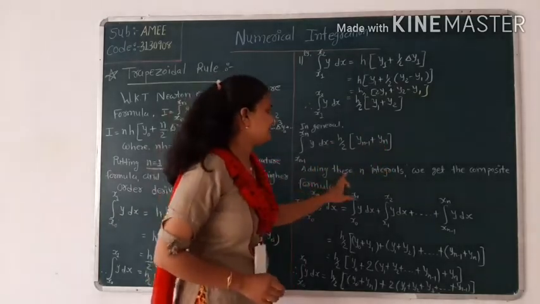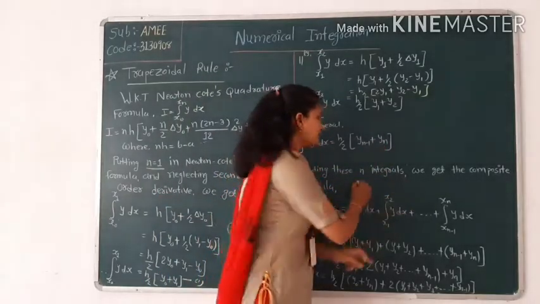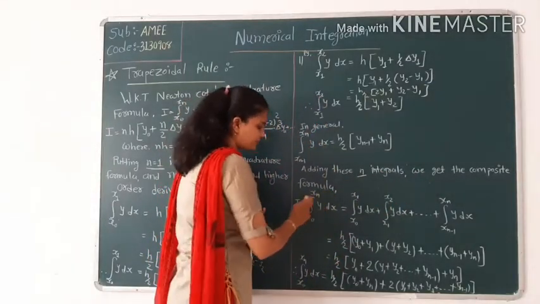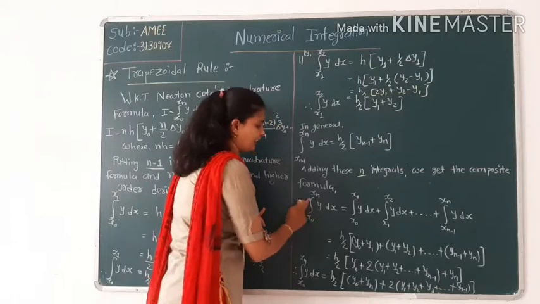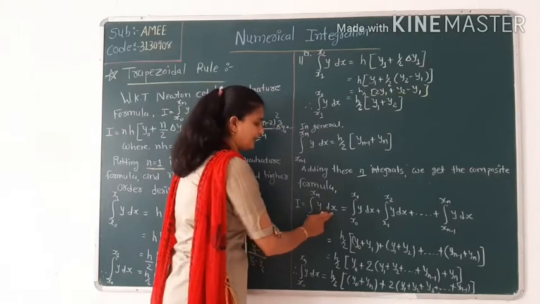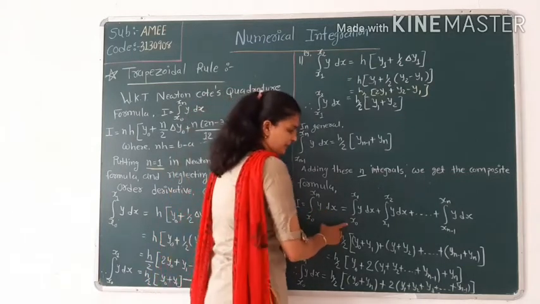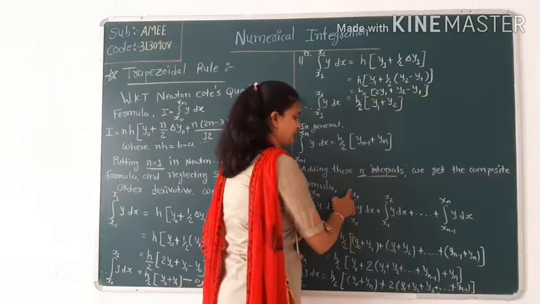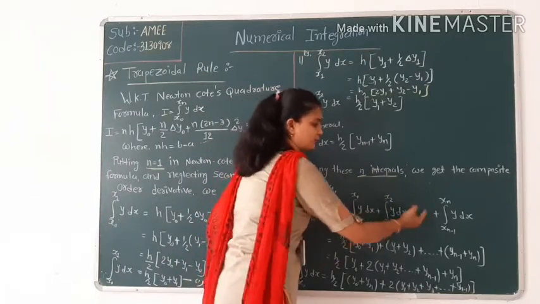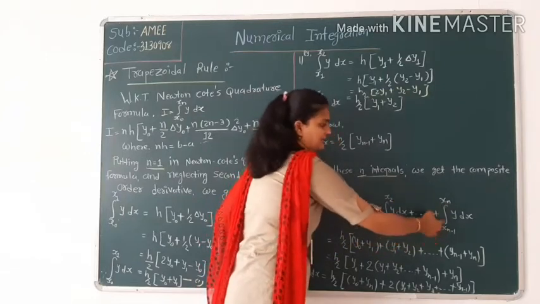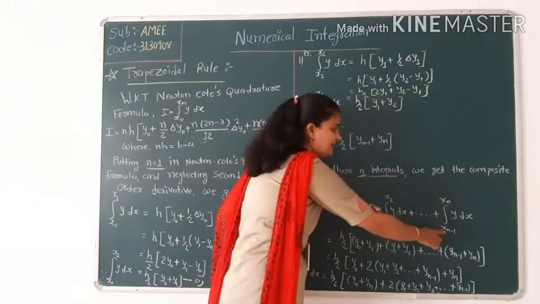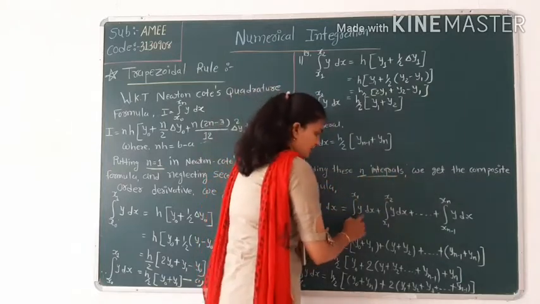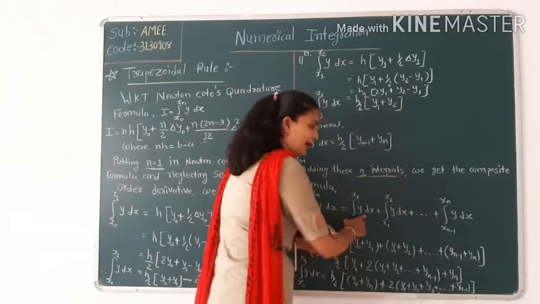Now, adding these n integrals, we get the composite formula: I equals integral x0 to xn y dx equals the sum of the n integrals: x0 to x1, x1 to x2, x2 to x3, x3 to x4 and xn minus 1 to xn. So we put in the values of these n integrals.